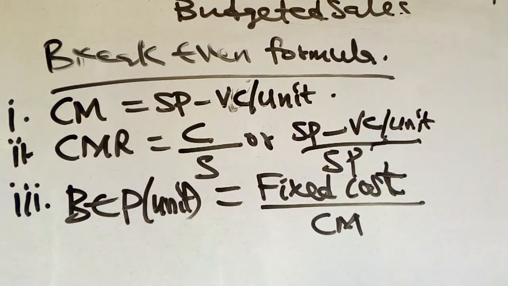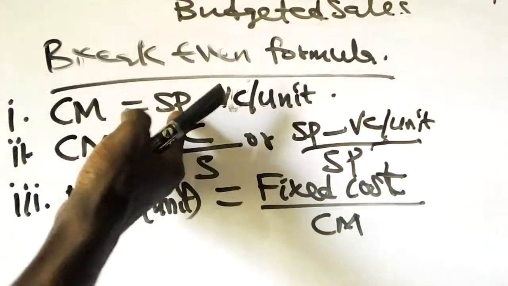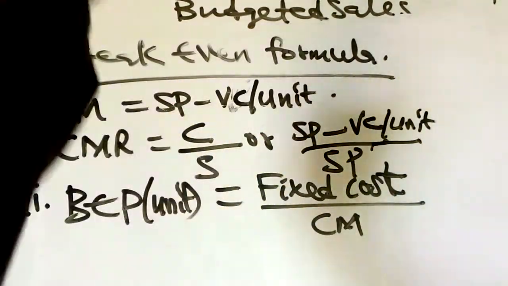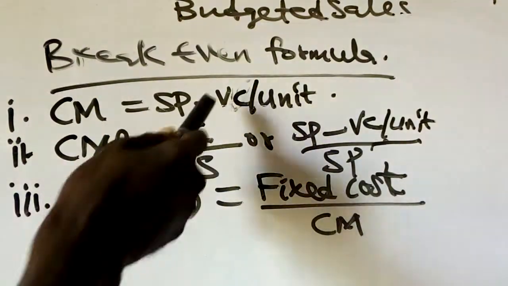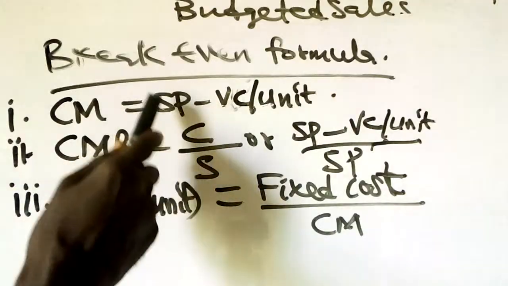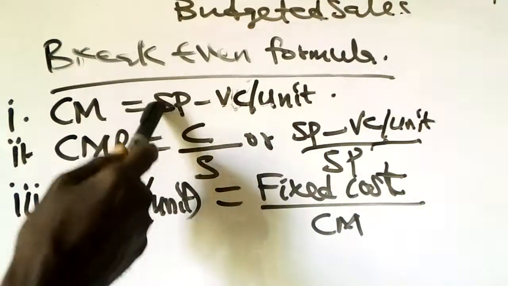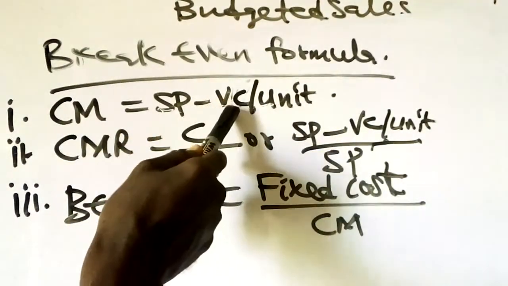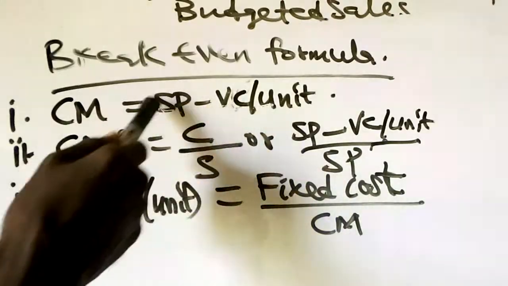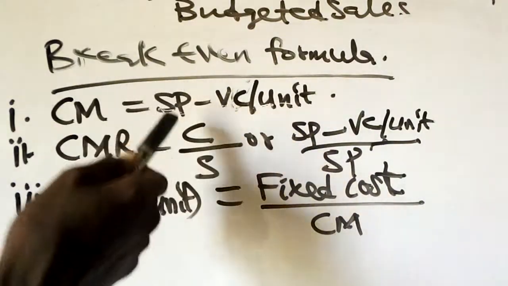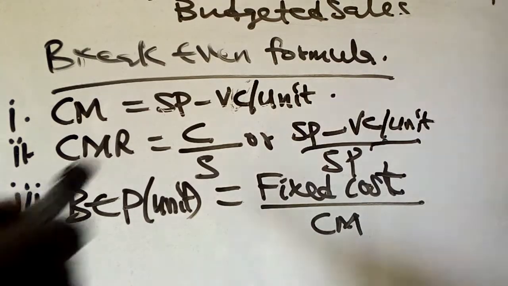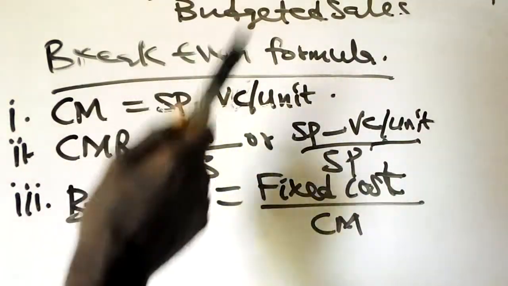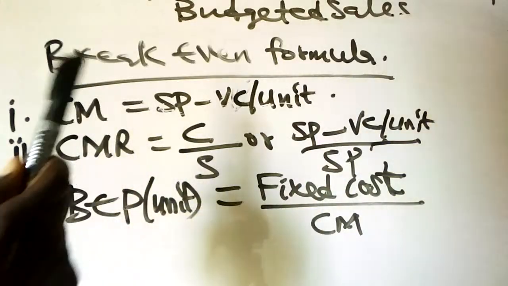Selling price is the price for 1 unit of the product. Unit variable cost is the variable cost per unit. That will be considered here, not total. If you use total sales revenue and total variable cost, then you will still need to divide by the number of units sold to get the contribution margin per unit. So, alternatively, just have selling price less unit variable cost. That will give us the contribution margin.